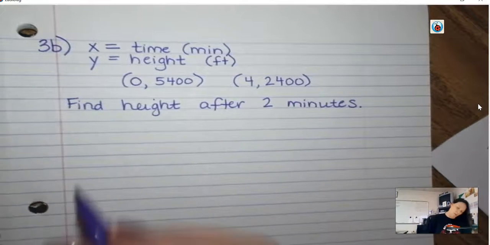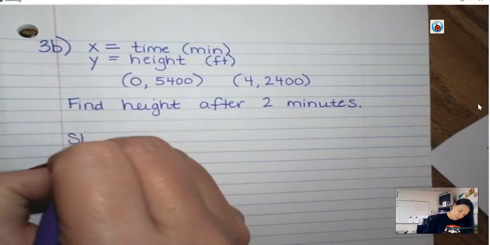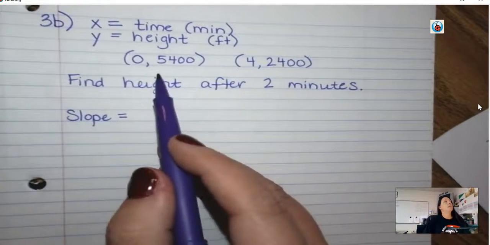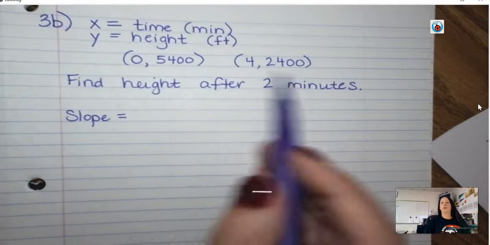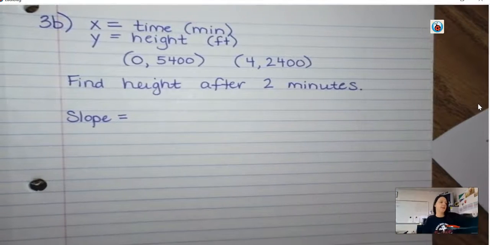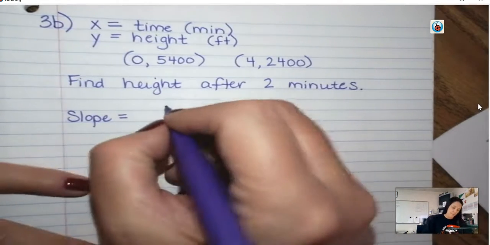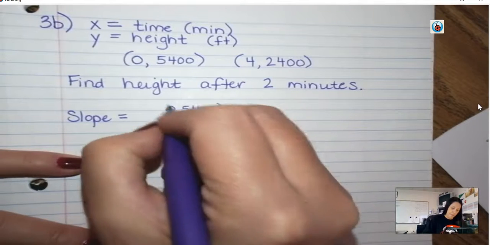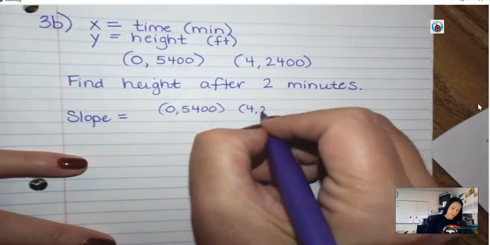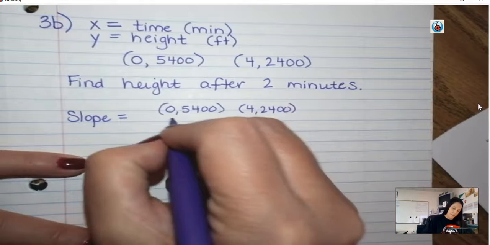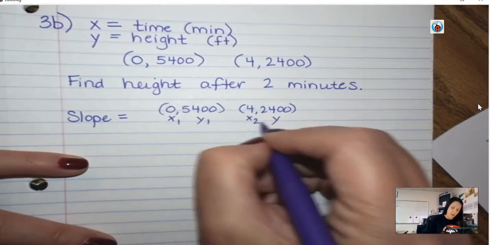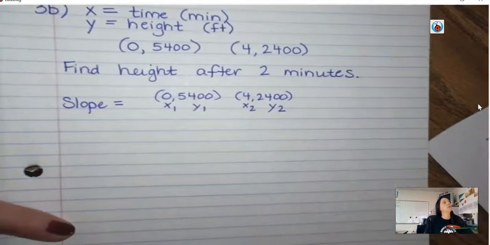Okay, so let's start with slope. Right now, I don't know the slope, but I know there's 2 points. Go ahead and label those points x, y, x, y. Label the first point with sub 1s and the second point with sub 2s.